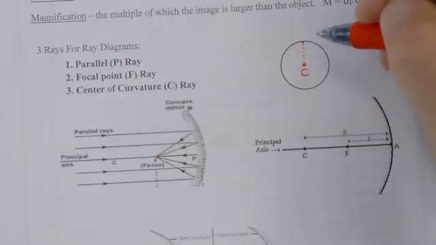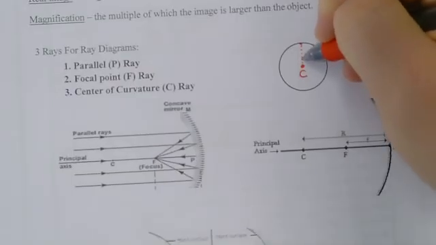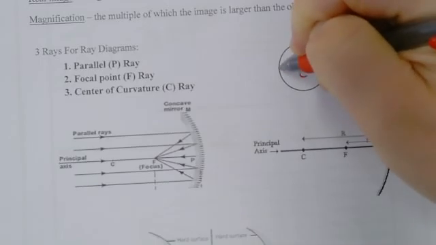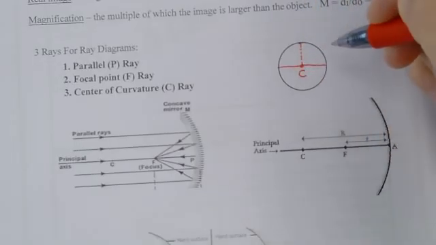The law of reflection states that the angle of incidence is equal to the angle of reflection, again measured from the normal. So it's going to go straight along that line, hit the mirror, and bounce straight back. It doesn't matter if we go here or here or here, it's going to hit and reflect straight back along that same pathway.